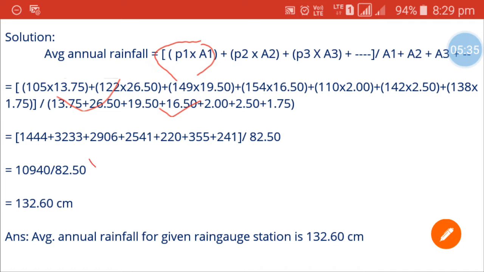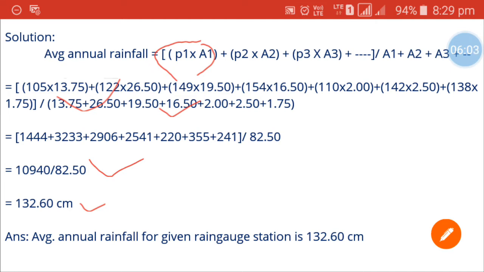Finally, when we do all the calculations, we get the total that is equal to 10940, and that is divided by the total of the area, that is 82.50 square kilometer. When we find the result, we get 132.60 centimeters.